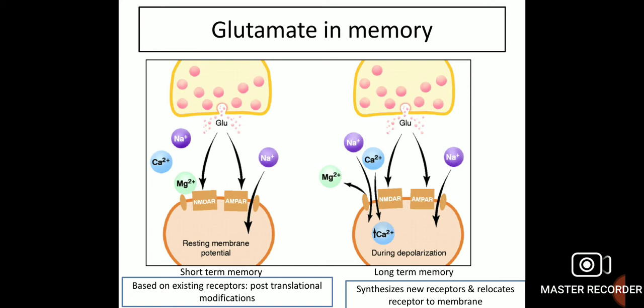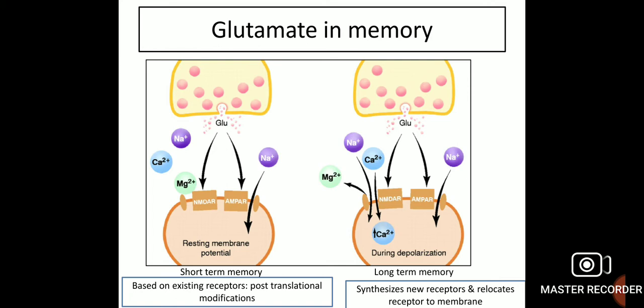If there is a small amount of glutamate, it acts on the NMDA receptor, but this NMDA receptor is blocked by a magnesium ion. That magnesium needs to be removed in order to activate more, so it requires more glutamate. If glutamate is not more, then only a small amount of sodium will come inside. So this is short term memory.